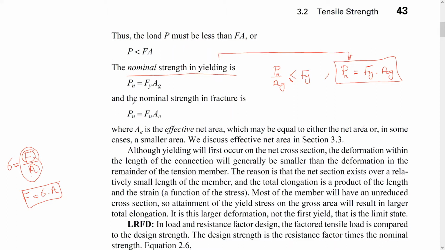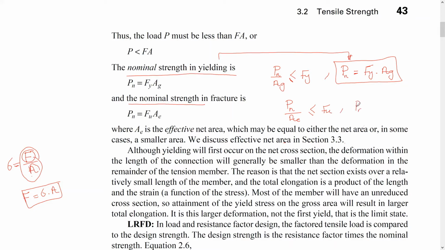In the case of fracture, the nominal strength is equal, as I told you, nominal is, and this is going to be the effective net area, which will be studied in the next few, let's say, sections. And it should be less than or equal ultimate stress.